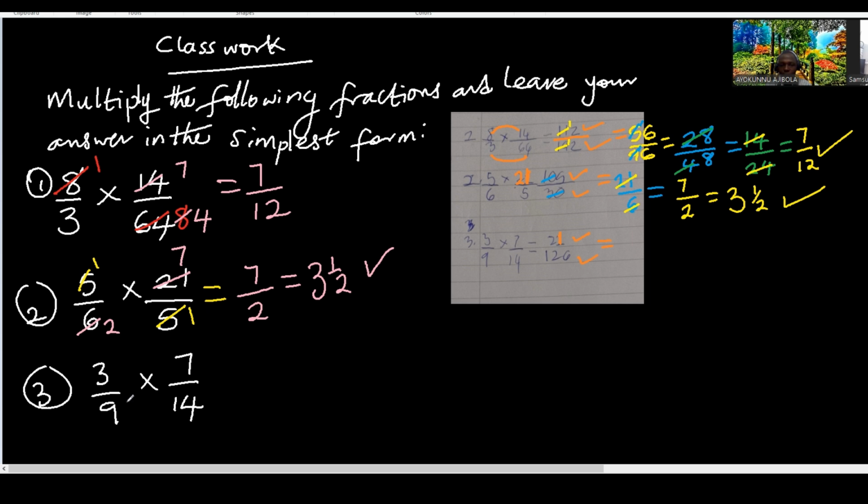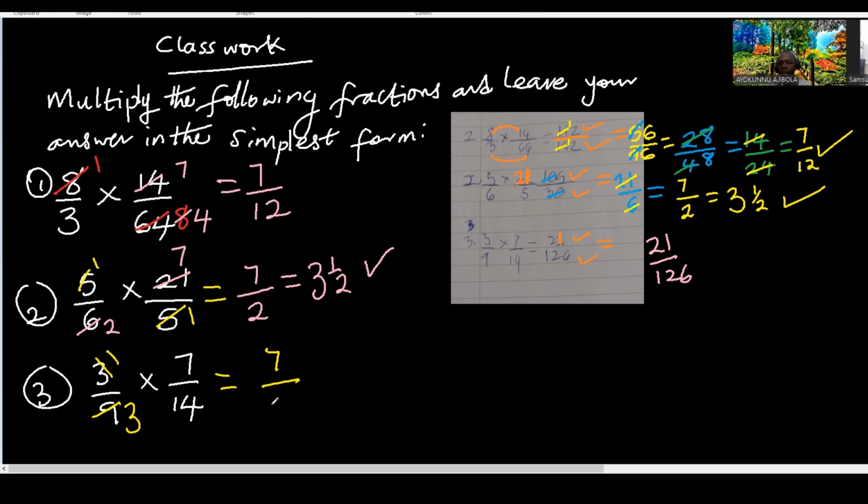Now, let's see the last one. You got 21 over 126. Let me firstly divide here. 3 here, 1, 3 here, 3. Is that correct? Yes. Then 1 times 7 is 7.